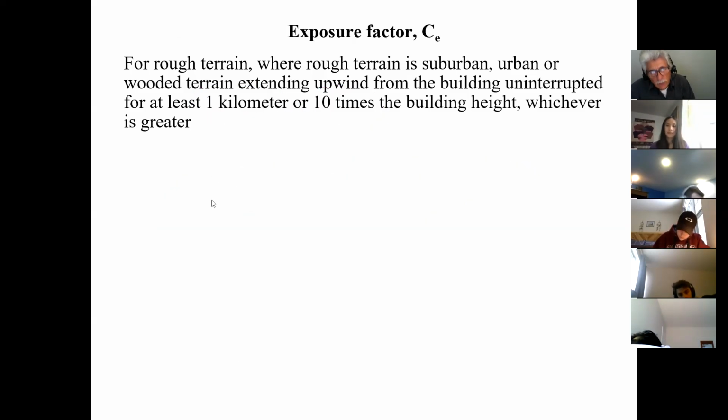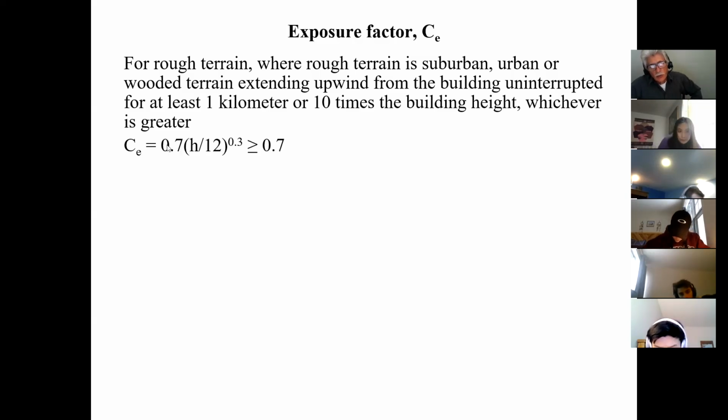Now, when you do have a rough terrain, instead of using the other equation, you can use this equation here, except that it has to be greater than 0.7. The other one was 0.9, this one is 0.7. If you look at the equation mathematically, you have a 12 here and an H here. If I put anything less than 12 in here, this value is going to be less than 0.9 mathematically.